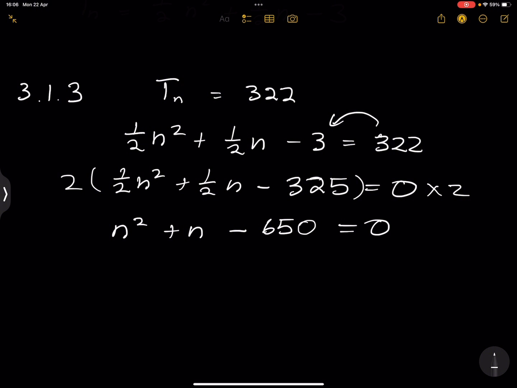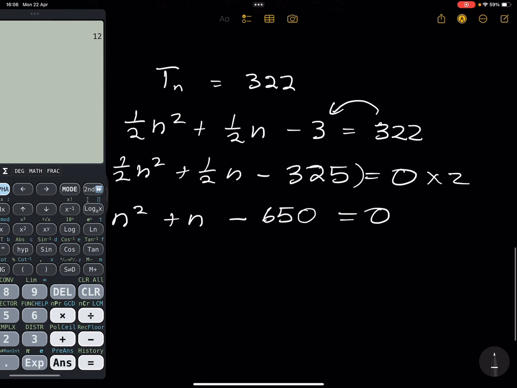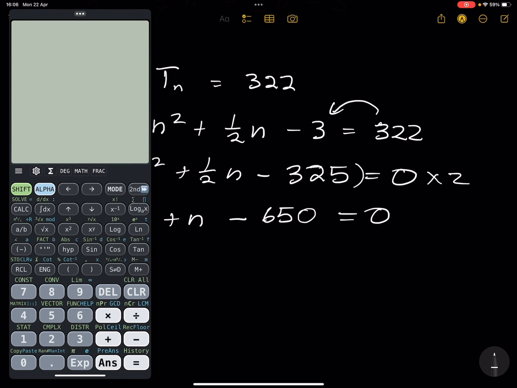Now, which factors can we use for 650 that will be able to give us, okay, let's see, let's check. Let's see, what's 650 divided by 50? Okay, so I get 13. Okay, let's see.